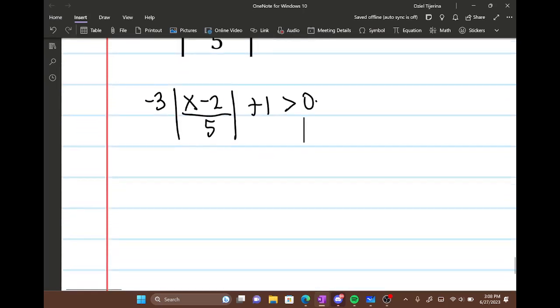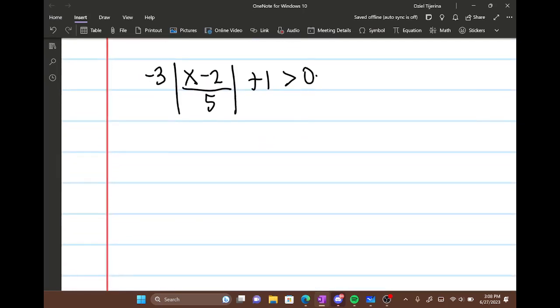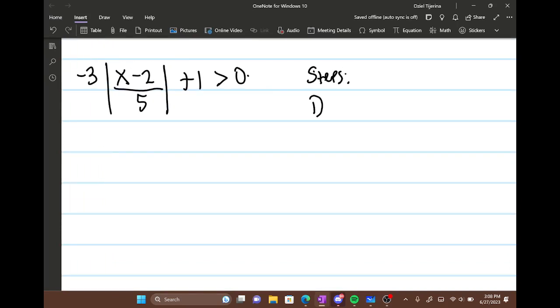Here we have the problem, and I always like to write down my steps. Number 1 is to subtract 1 on both sides. Our goal here is to get x by itself, as we always do in algebra.